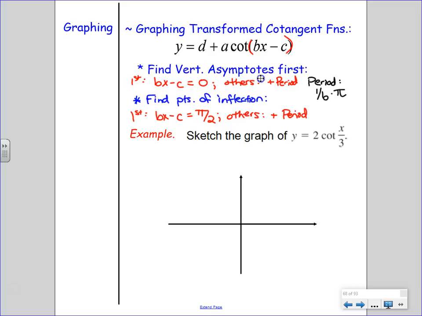But what if I was to give you something like 2 plus cosecant of, let's just do no period change, and let's do x minus pi. Wait, I just need you guys to see something. In order to graph this, cosecant, who is cosecant the reciprocal of? Sine. Guess what?